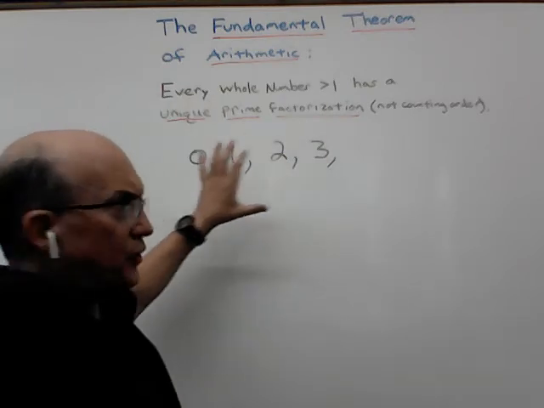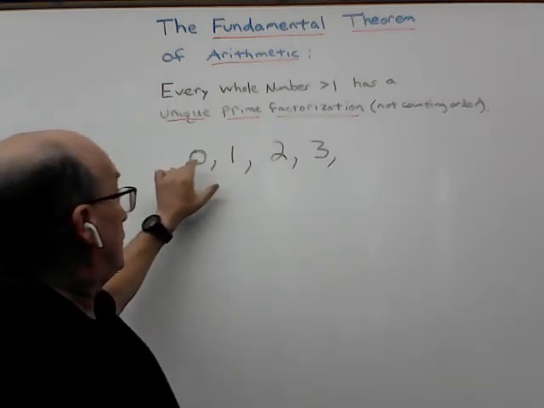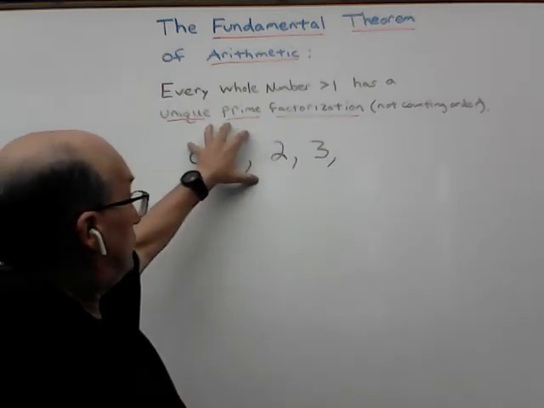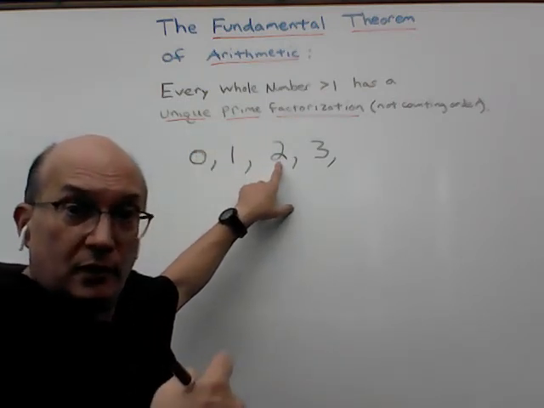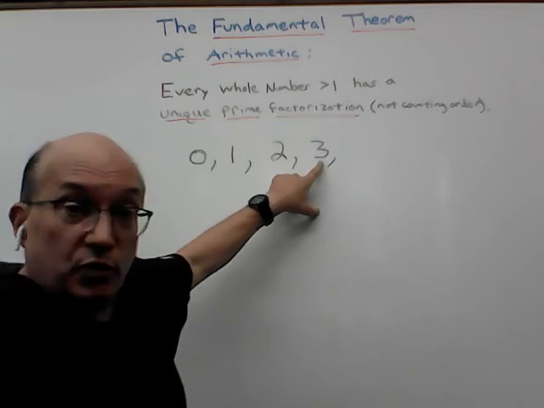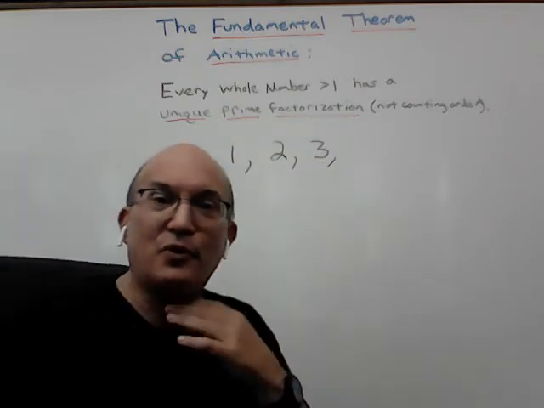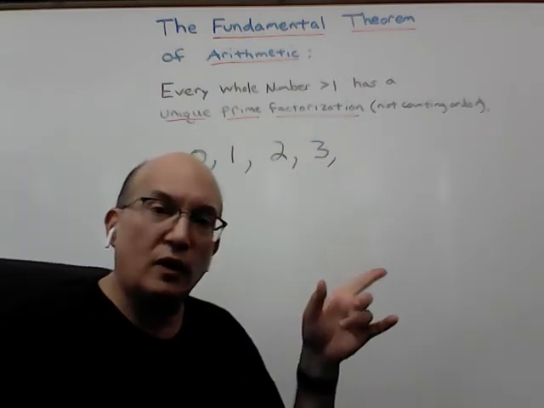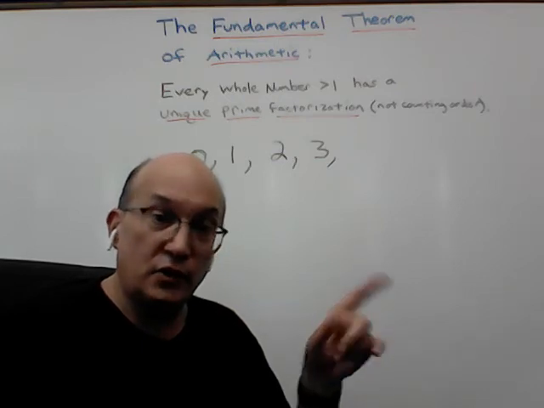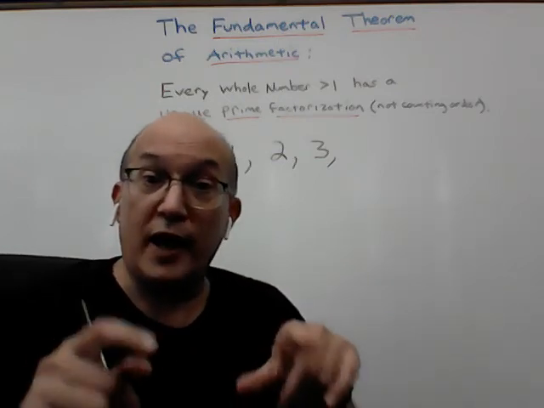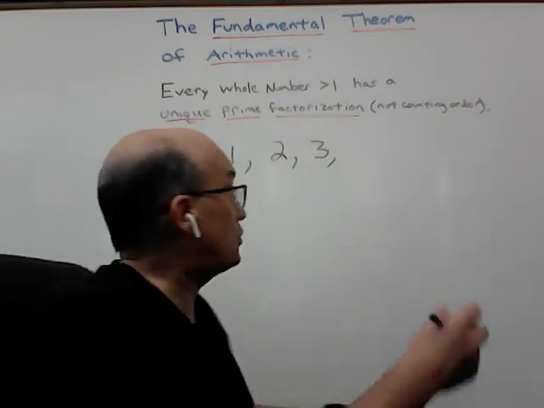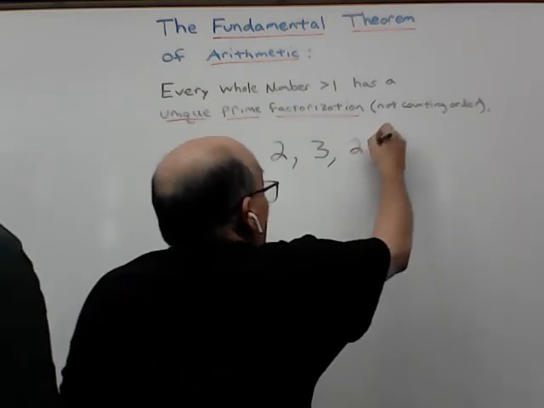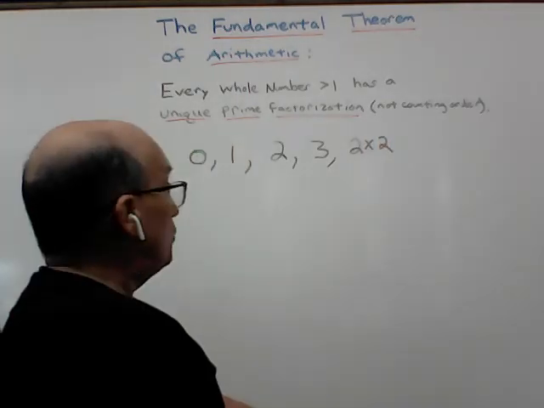We have to start with them for the whole numbers, but then the next whole number is 2. 2 is prime, so I wrote 2. Next whole number is 3. 3 is prime, so I wrote 3. But I'm not going to write 4. 4 is not prime. But 4 has a prime factorization, which is obviously 2 times 2. So instead of writing 4, I'm going to write 2 times 2.